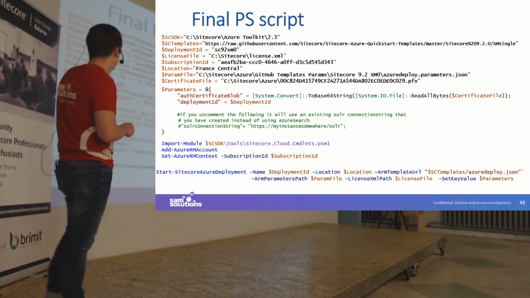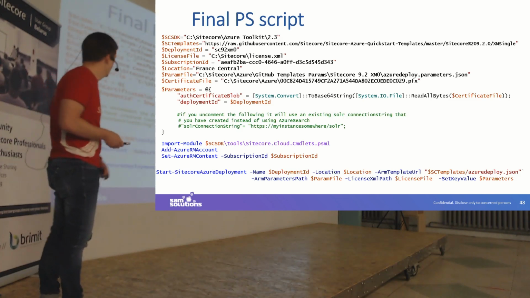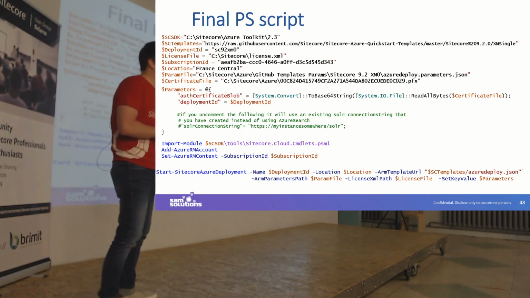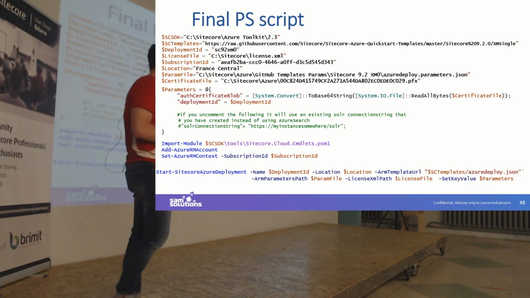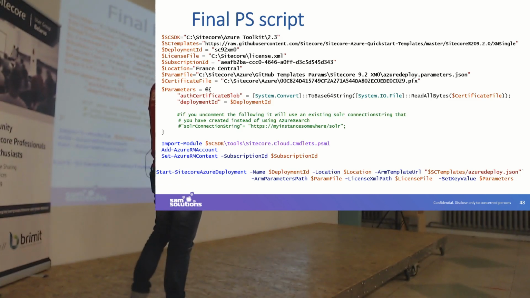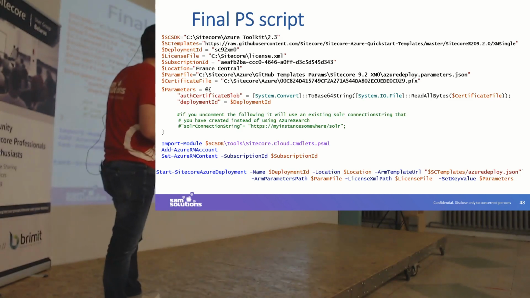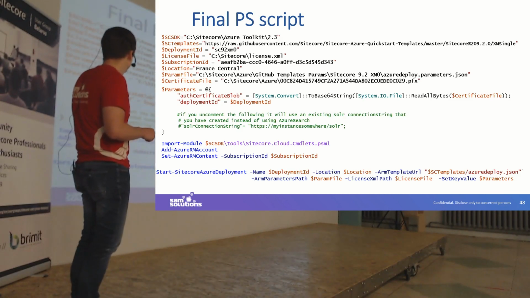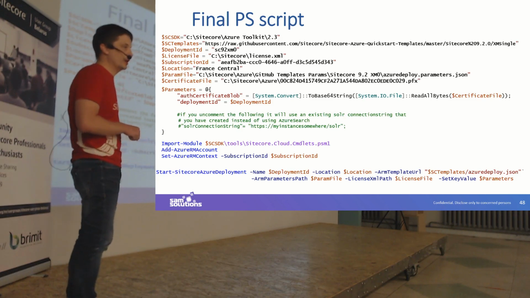We need to generate authentication blobs, so there are some .NET functions used there. We need to execute them and also put in the deployment. Here you see commented lines.